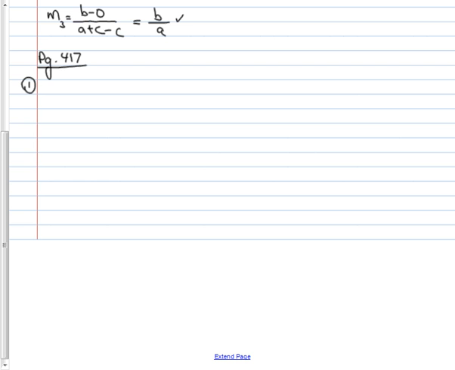Determine whether each quadrilateral is a parallelogram and justify your answer. Number 1.